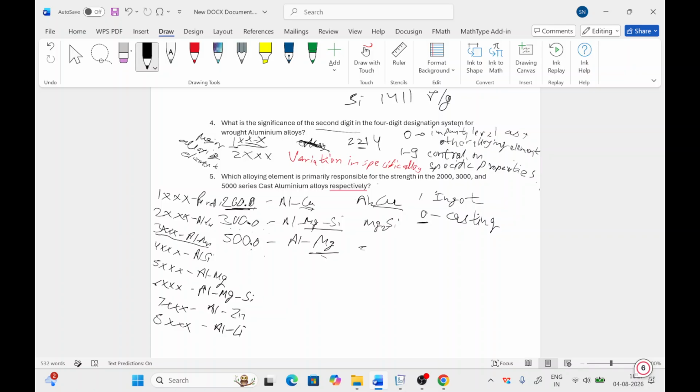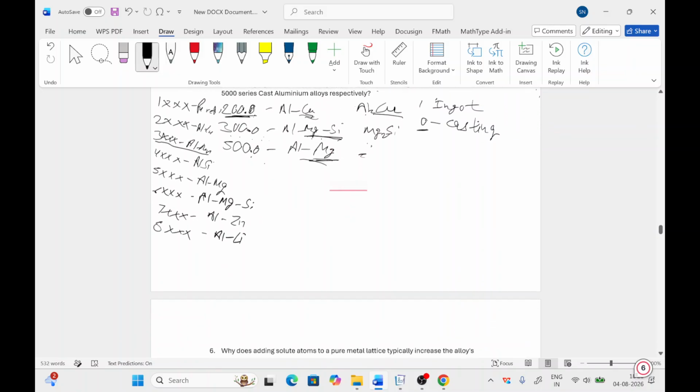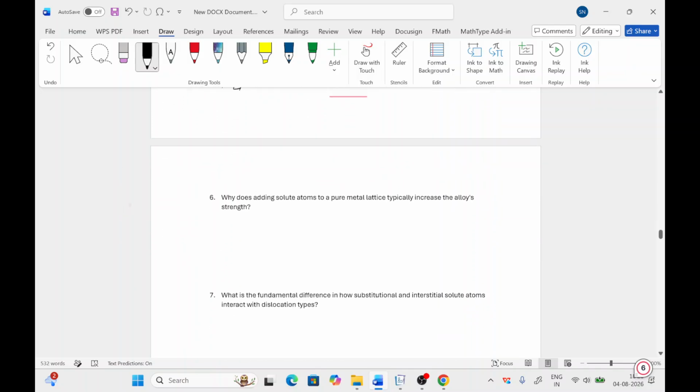I don't remember for this, but these precipitates form to increase the strength of the 2000 and 3000 alloys. So the major alloying elements for these series are copper, magnesium, silicon, and magnesium. Okay. So we'll proceed to the next question.